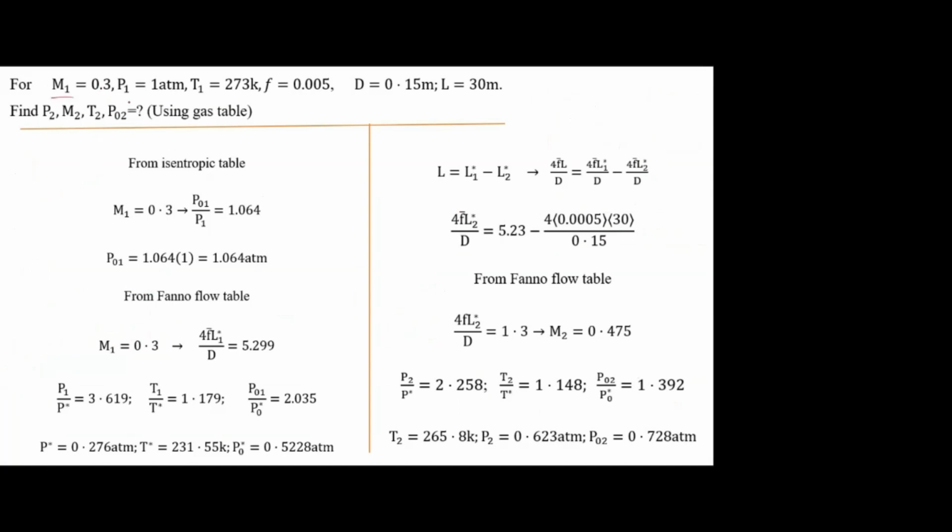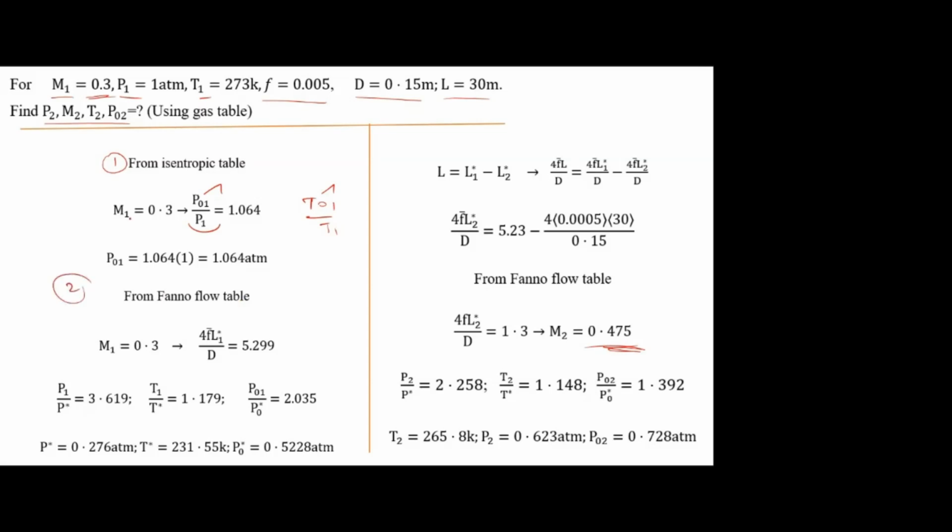They have actually given the same problem: 0.3 is converted into 0.475. They give P1, T1, the friction coefficient, duct diameter and length. We have to find the downstream properties. The first step is referring to the isentropic table. You can find P01 by P1 and T01 by T1 also. So T1, P1 are known, and you can find P01, T01.